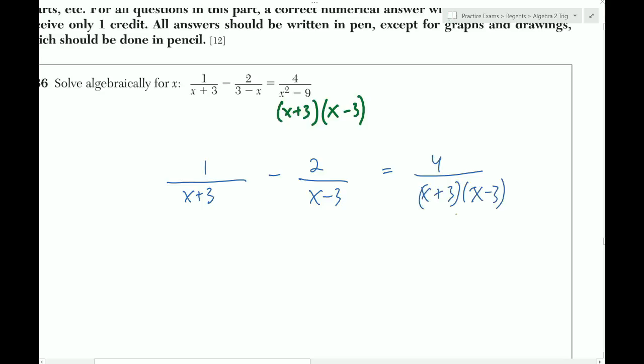And whoops, I actually switched this. This is actually 3 minus x. Okay. So it would be nice if these matched up, but this one is being a little difficult. It's sort of backwards of how we need it.